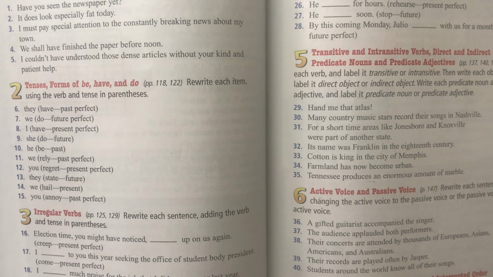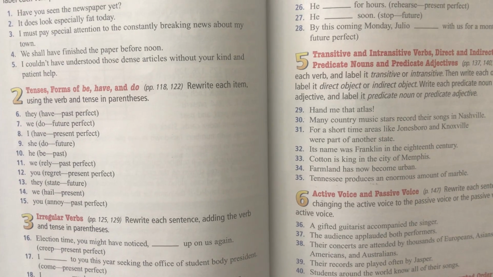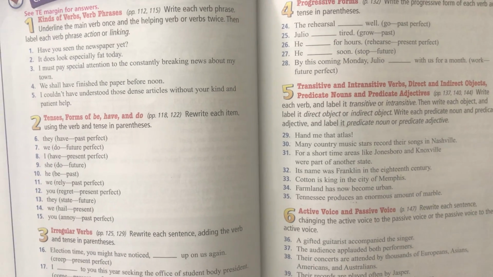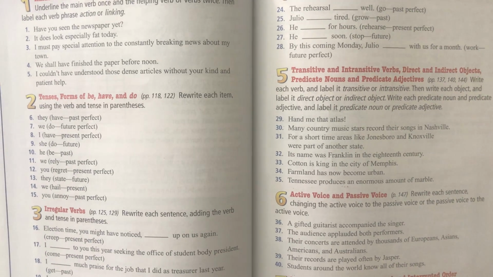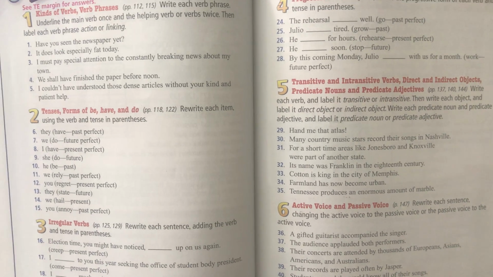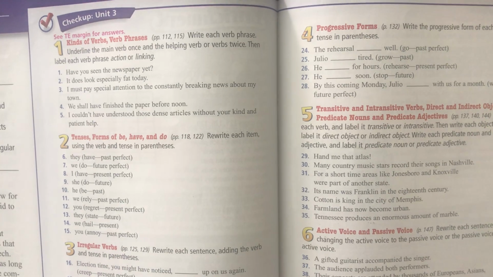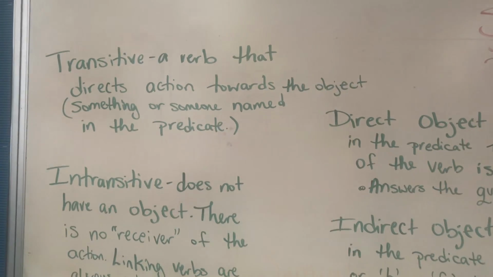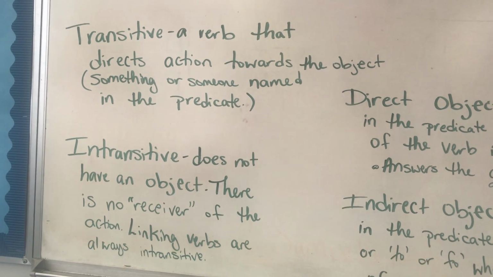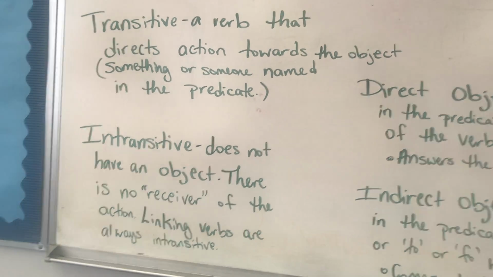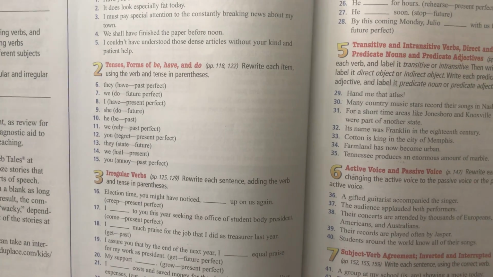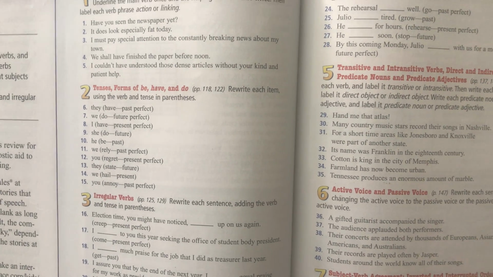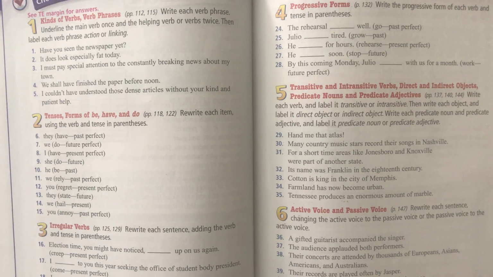Tennessee produces an enormous amount of marble. So we're looking for our verbs first. So produces is the only verb that we have in this sentence. And because it is producing something, it's going to be transitive.